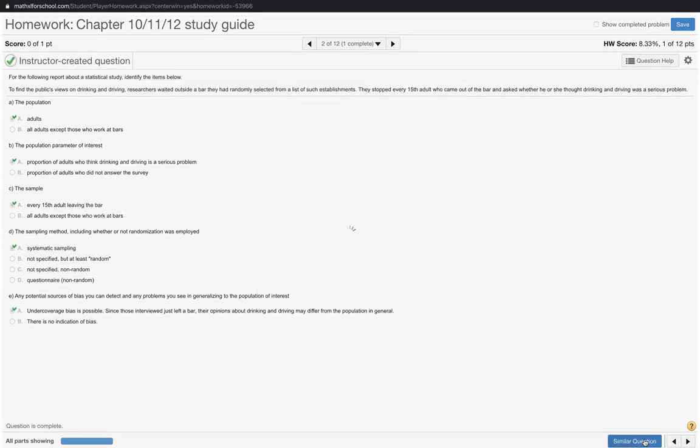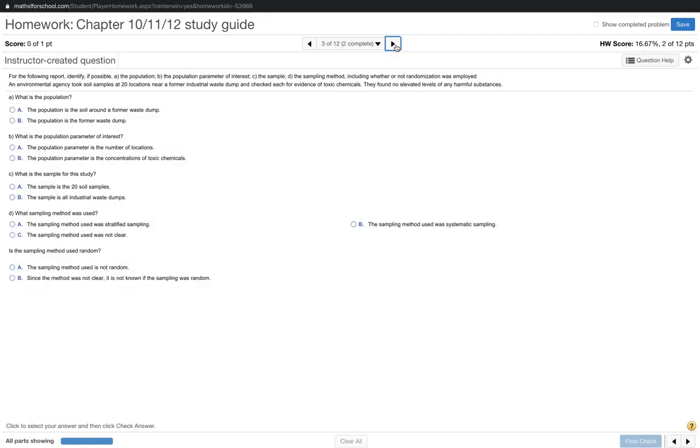Let's continue to number 3. An environmental agency took soil samples at 20 locations near a former industrial waste dump and checked each for evidence of toxic chemicals. They found no elevated levels of any harmful substance.